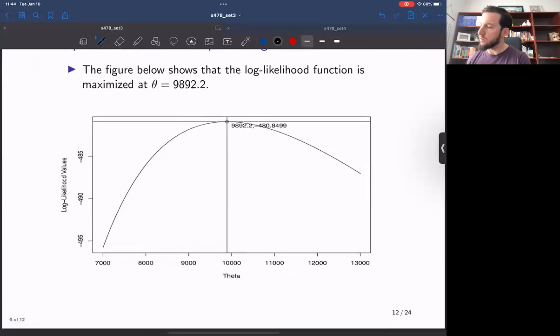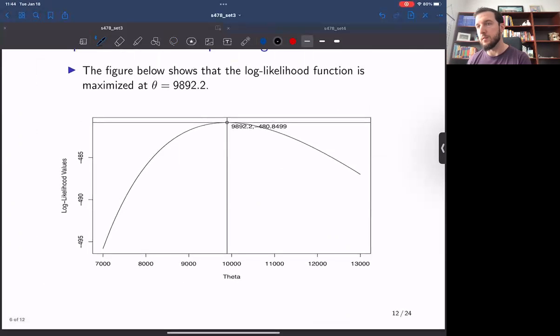Given the 49 observations, we can compute the actual likelihood surface using the log likelihood function that we derived when we found the score function. So this curve represents the surface of the log likelihood function.